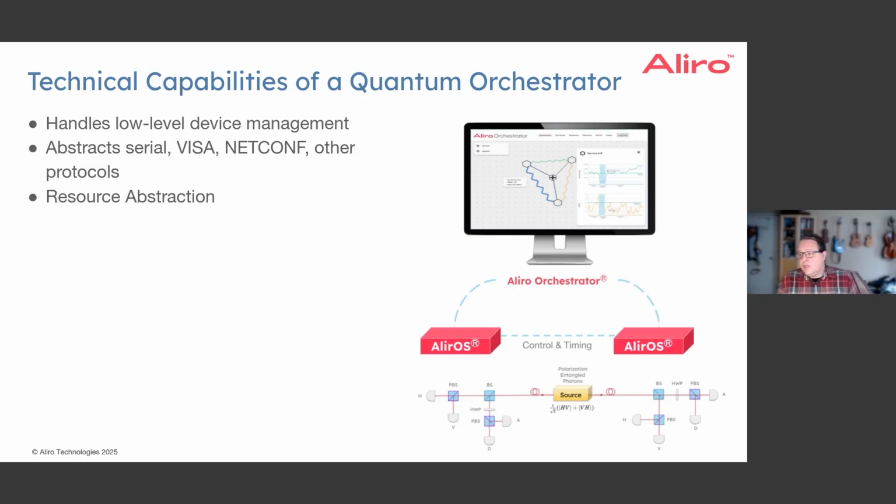Resource abstraction. This gets us up to another higher level of abstraction, not just that we can use an orchestrator to configure a thing without worrying about what its management interface looks like, but maybe without knowing in particular what it is.